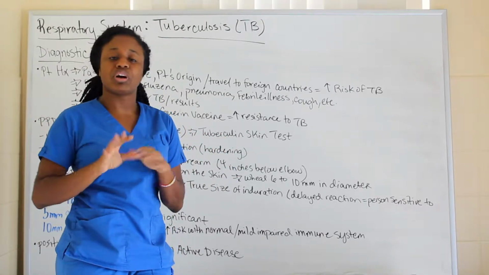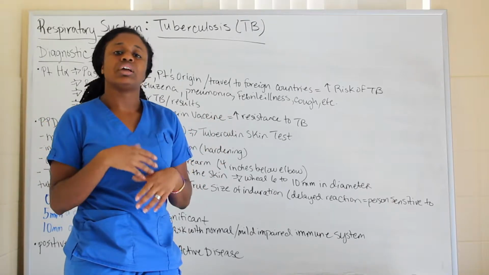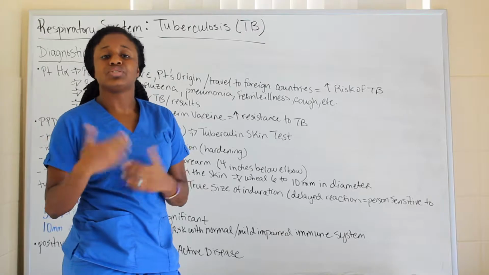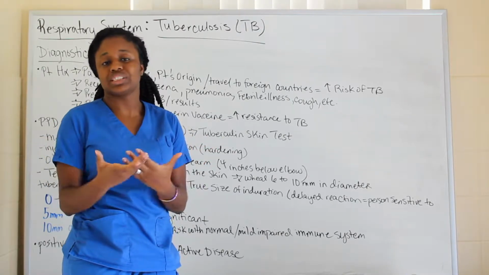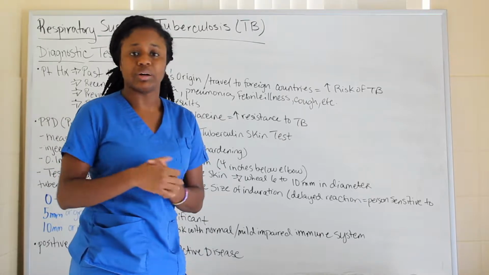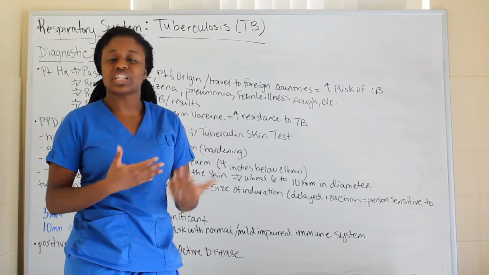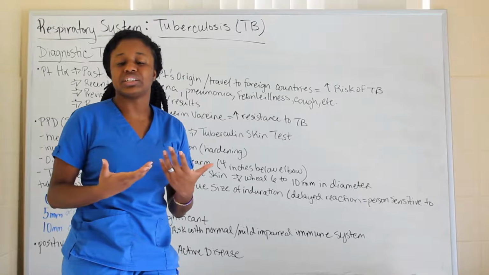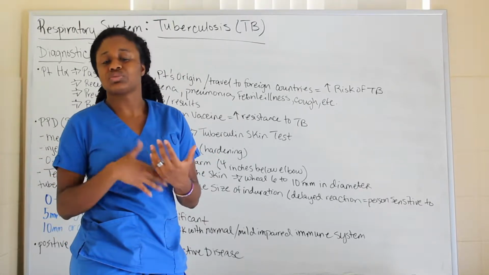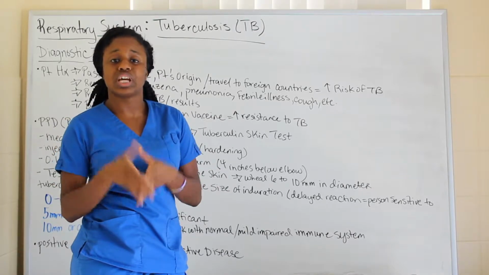A lot of people who are international will know about this vaccine because they got it when they were younger, as a vaccination to help prevent TB or build resistance to it, all right? I guess at some point they did research and realized that the vaccine doesn't fully prevent TB, so that's why they don't do it here in the United States.